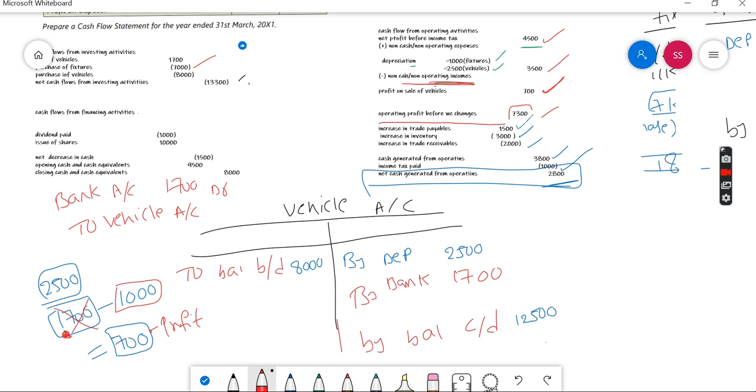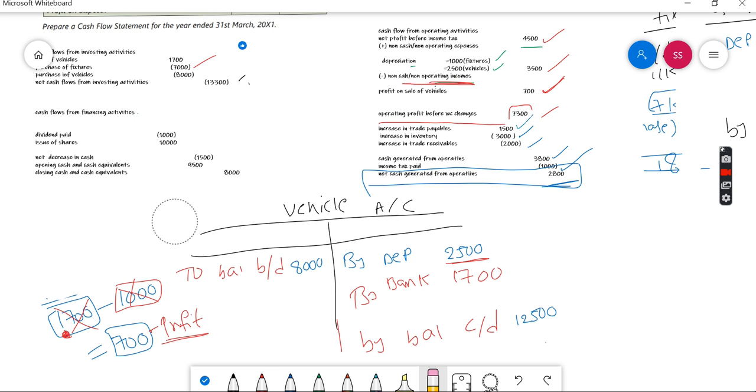And the depreciation we have already taken care of here, the total depreciation for that, so we don't need to write depreciation again, right? And then profit. What is the general entry you will write when you get a profit? Profit on sale of vehicle account debit to P&L account. In P&L account you will credit that, right? Remember.